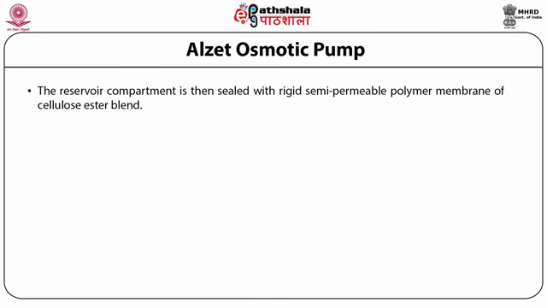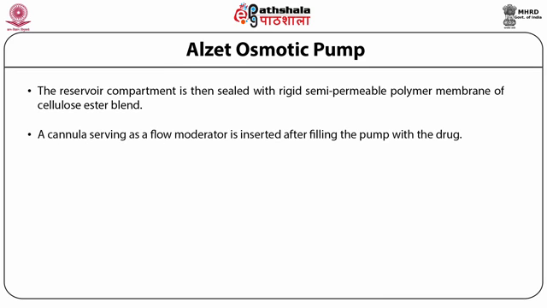The reservoir compartment is then sealed with a rigid semi-permeable polymer membrane of cellulose ester blend. A cannula serving as a flow moderator is inserted after filling the pump with the drug.